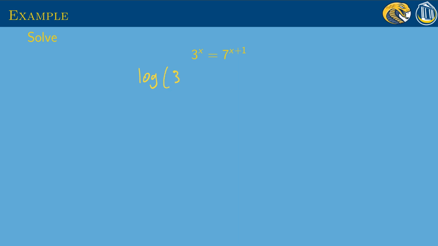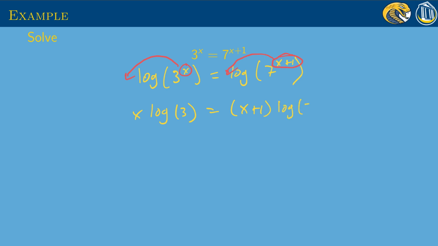So we could do log of 3 to the x equals log of 7 to the x plus 1. Here I'm just using our common log with base 10. At this point, we'll use our Yeet theorem to take our exponents and throw them in front, taking the entire exponent in front, giving us x log 3 equals the whole thing, x plus 1 times log 7.